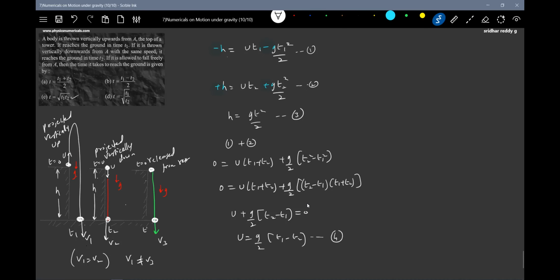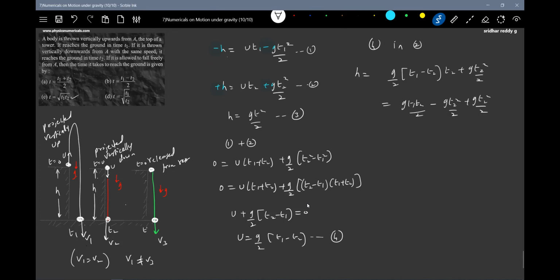Equation 4. This 4 I'll substitute in either 2 or 1. Put 4 in 2. h is equal to u times t2, this will be g by 2 (t1 minus t2) t2, minus g t2 square by 2. Okay, this will become g t1 t2 by 2 minus g t2 square by 2.